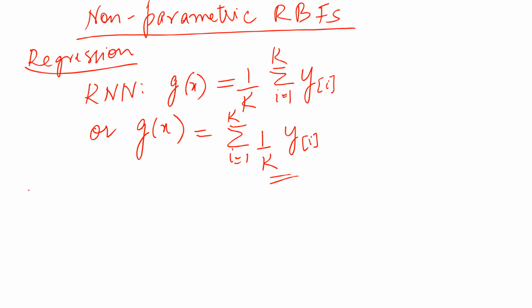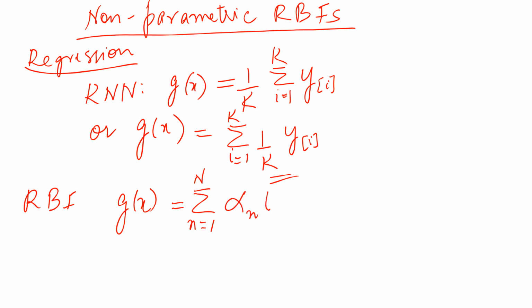Let me write it mathematically. So for the radial basis function, what would be the g of x? That's what we are interested in. The g of x is going to be the sum over n equals 1 to N points, and we are talking about weighted sums. So let me first denote this alpha_n of x. What does this mean? This alpha is the weight, and it depends on the test point and also on the rest of the data, that's n.